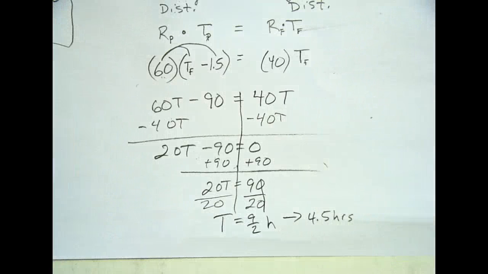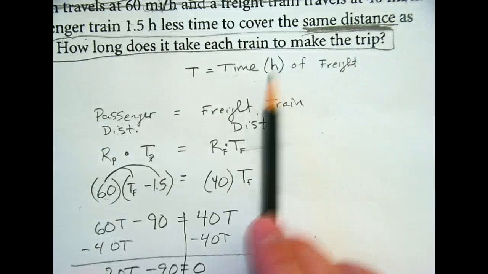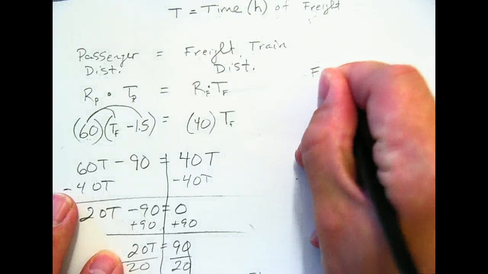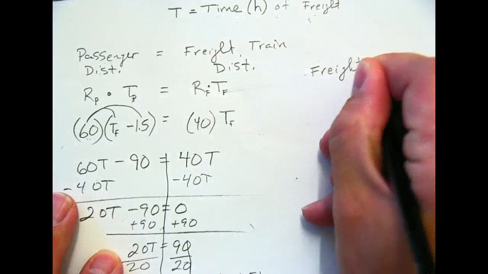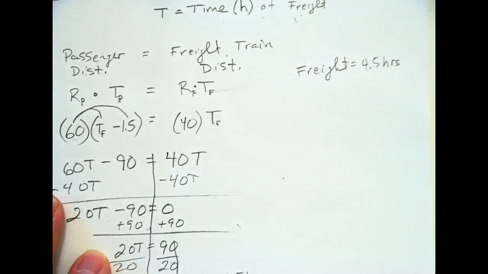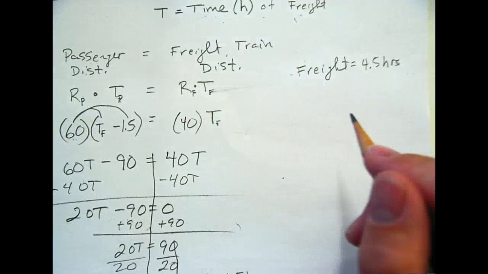Hey, so what time did we just find out? Whose time? Yeah, remember our variable. T stands for the time of the freight train. So the freight train took 4.5. Did we answer the question? We get half credit. Everyone tell your neighbor what the other part of the answer is.